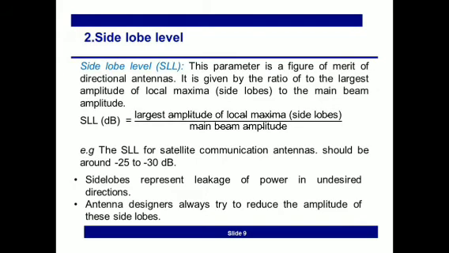So, we find the largest amplitude of the side lobes and divide it by the main beam amplitude. Since the denominator of this equation is 1, as the main beam is normalized, the side lobe level, which is measured in dB, becomes the largest amplitude of the local maxima.